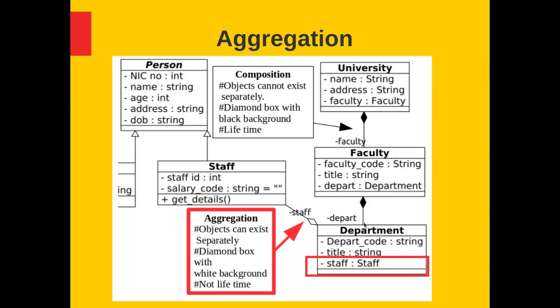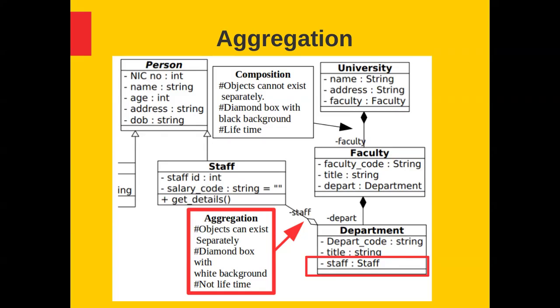This relationship we draw like this. This diamond box with the black background. Here also you can see black background, but here you can see white background. Department has a number of staff, but a department may be created with no staff.